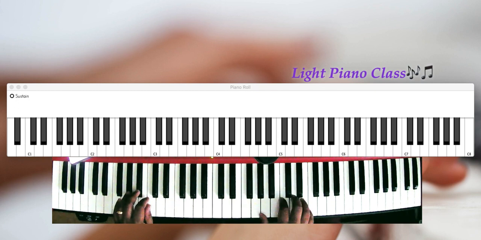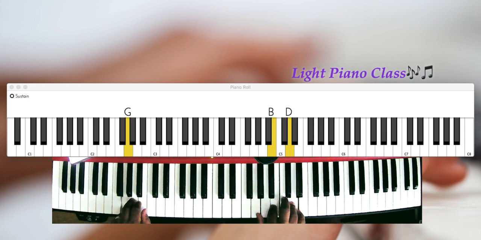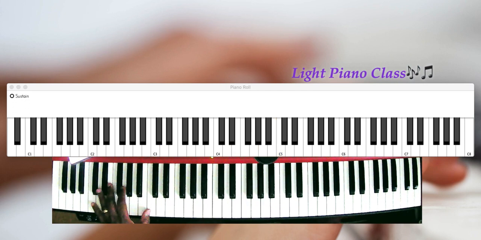So 1, 5, 6, 3, 4, 5, 1. Okay, so once we know the bass line, all we have to do is assign the triad on our right hand to get the chord structures that we are looking for.